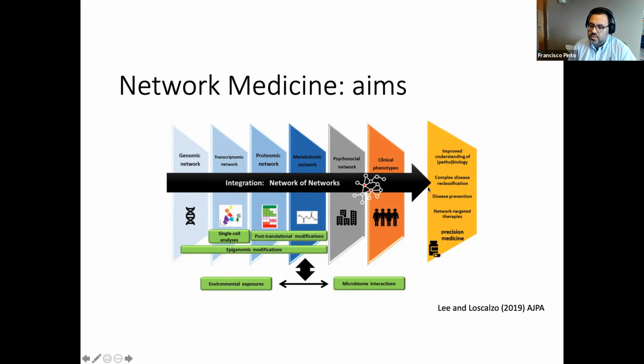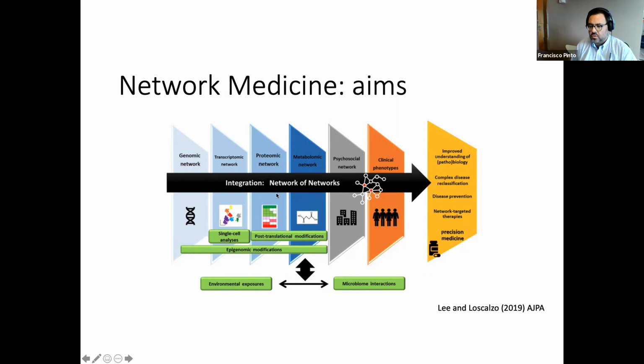Some people are interested in reclassifying diseases. So traditionally, diseases are classified according to the tissue or the organ that is affected, the types of symptoms or signals. And here, a group of people, including this researcher Loscalzo, is very interested in reclassifying diseases according to the molecular signature of that disease.